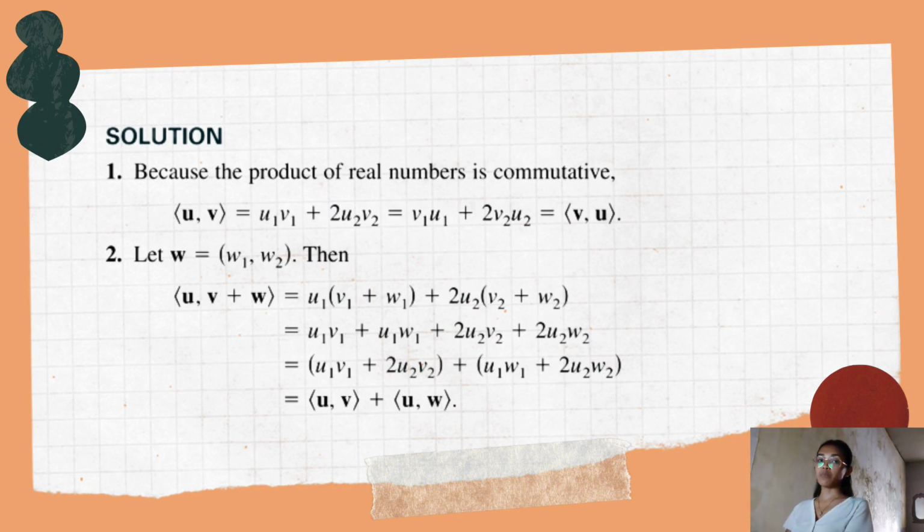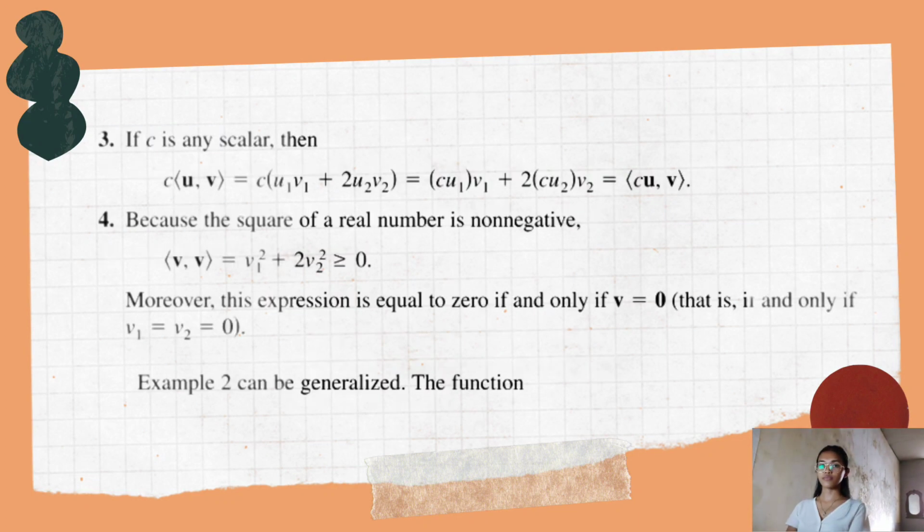So we already satisfied the second axiom. For the third axiom, we need to show how scalar interacts with the inner product on R2, where the scalar times the vector <u, v> equals the scalar times the first and the second.